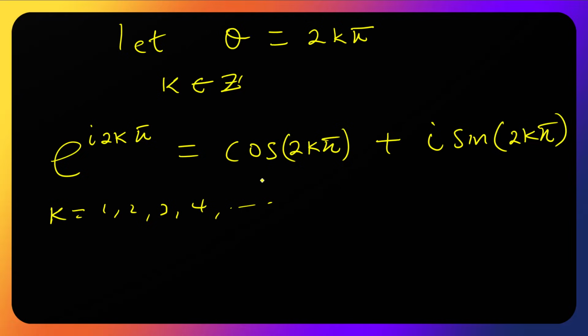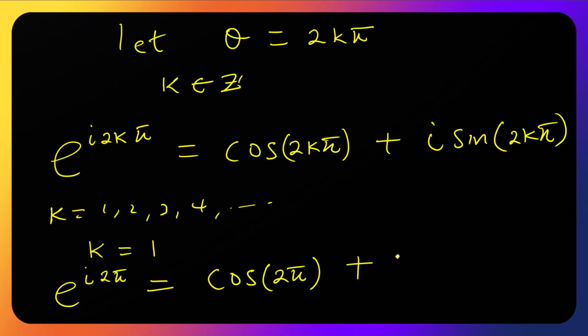So let's start with when k equals 1. Substituting, that will be e raised to i 2 pi equals cos 2 pi plus i sine 2 pi.